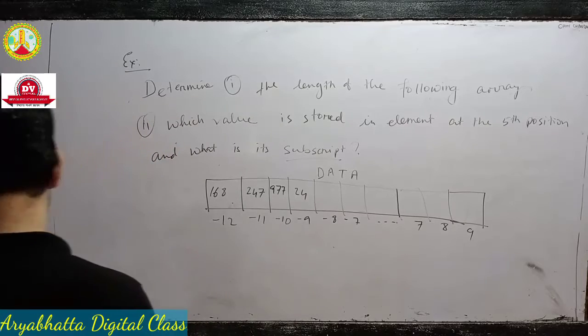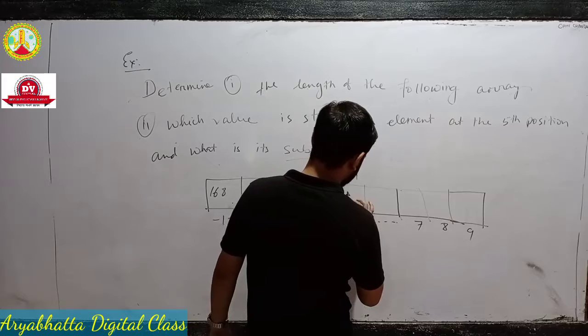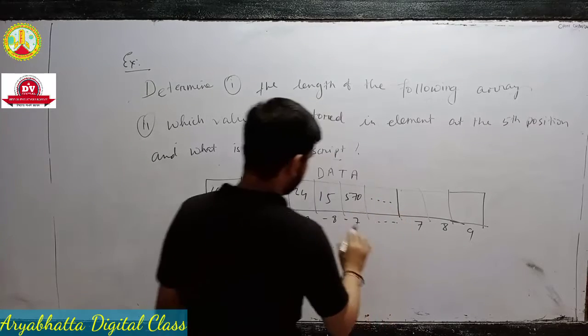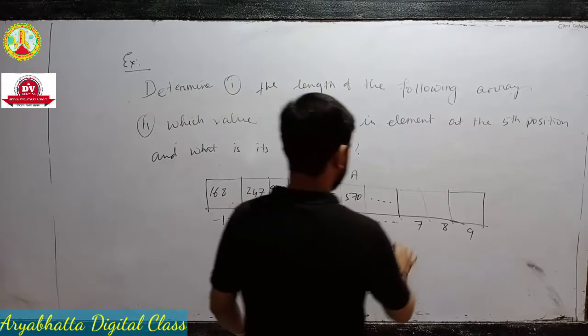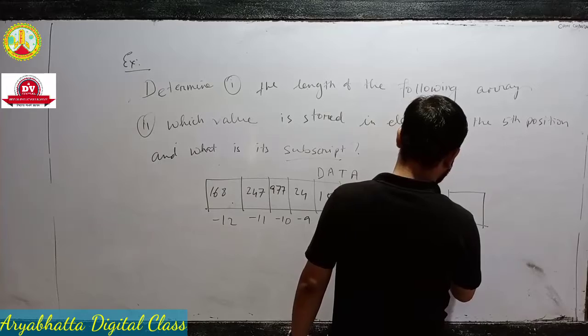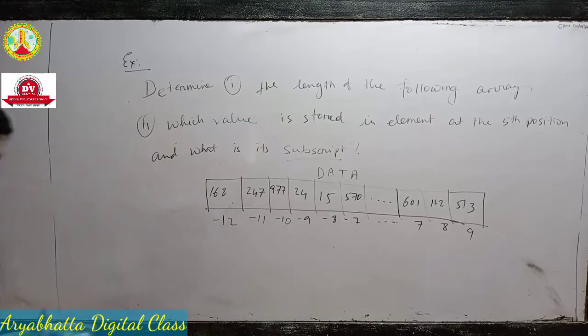I already told you an array is a collection of the same data type. Then 15, 570, and dots meaning some values with respect to those subscripts, 60, 100.